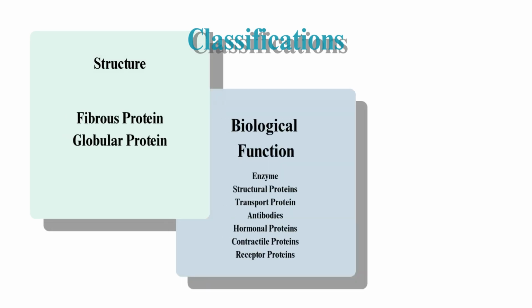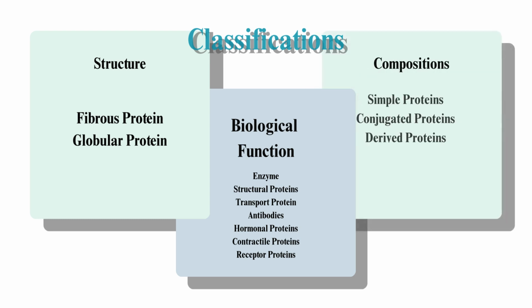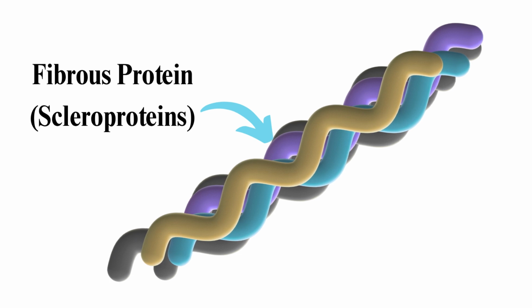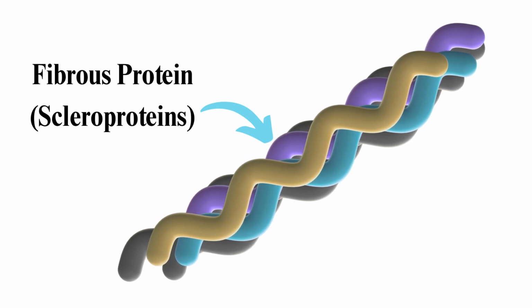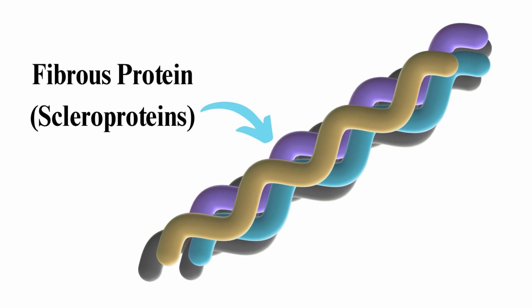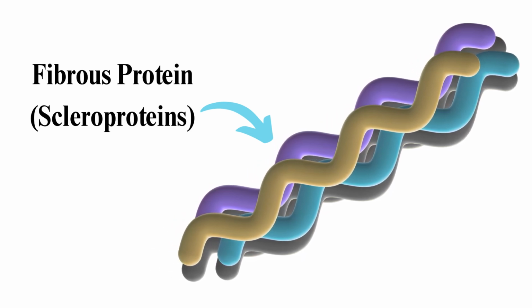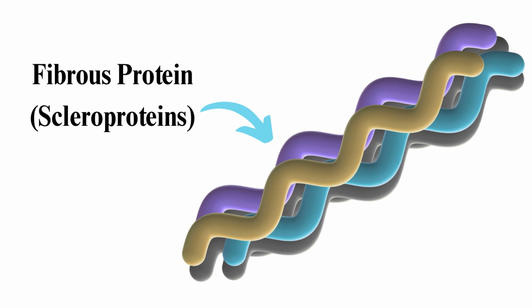Proteins can be classified by structure, biological function, and composition. Classification by structure includes fibrous and globular proteins. Fibrous proteins, also known as scleroproteins, are a major classification of proteins characterized by their elongated, thread-like structure.